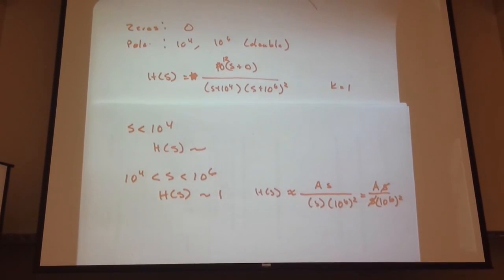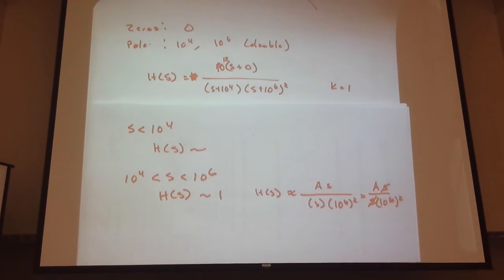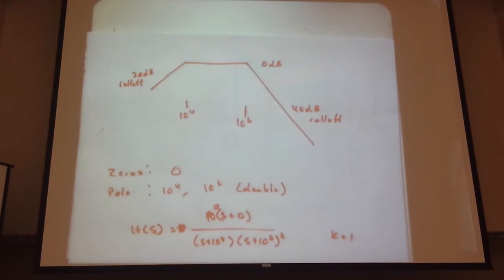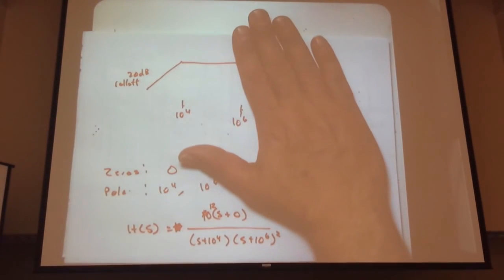So we can just plug in a number, find that missing constant. What does this bandpass filter look like? Well, effectively, what is a bandpass filter? If we break it down into parts, what type of filter is that?